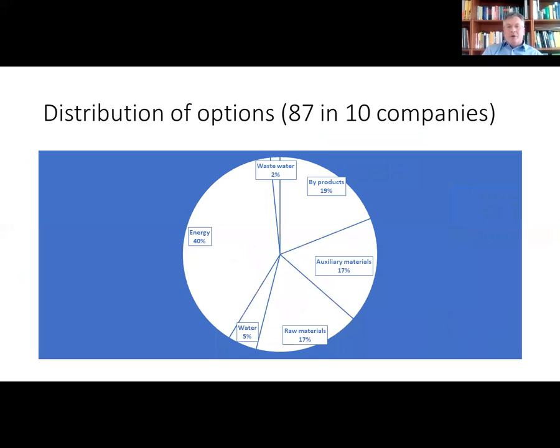All in all, 87 options were generated in the 10 participating companies. About 40% were related to energy, about 60% were related to using raw materials better, substituting raw materials, improving the useful life of auxiliary materials like hydraulic fluids, like lubricants, like solvents, or reusing byproducts in other companies by recycling.